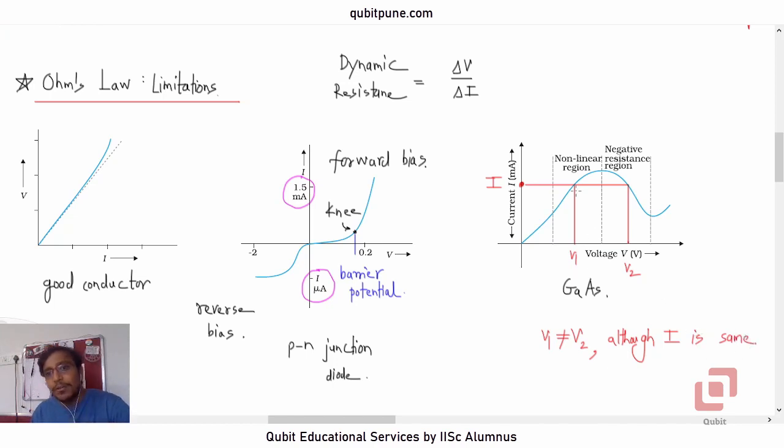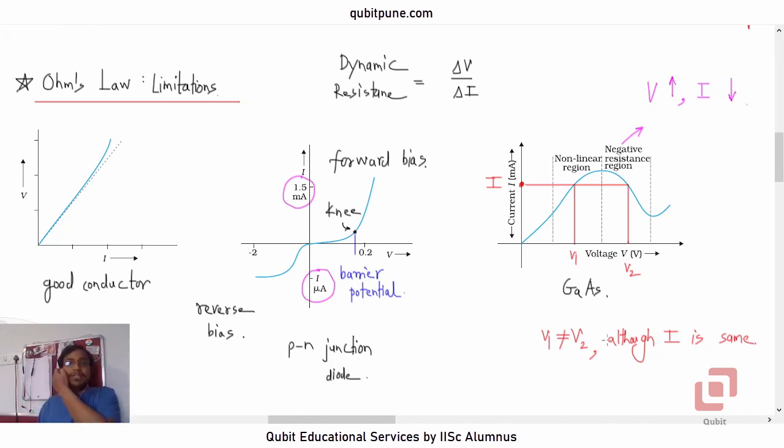Now generally you would expect that if I increase voltage the current will increase, but in this case after this peak you see that the current is actually decreasing if I increase the voltage. That is referred to as the negative resistance region, where even though voltage increases the current actually drops.